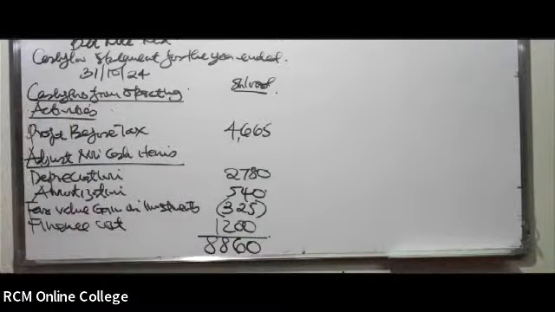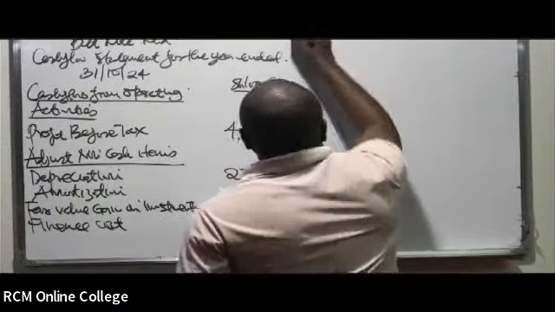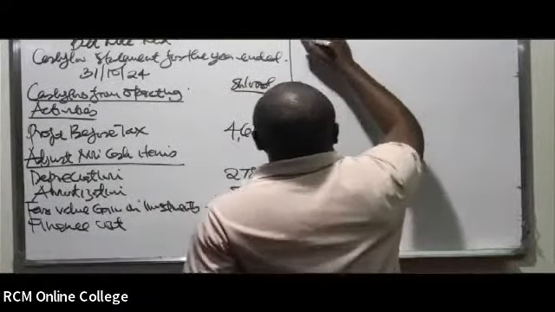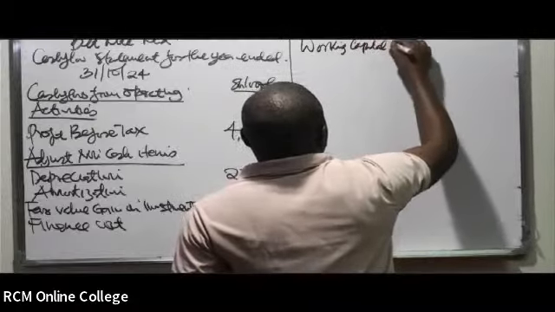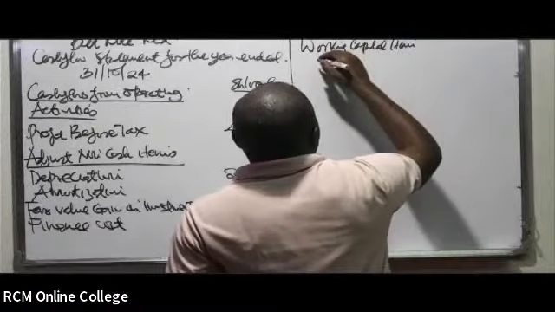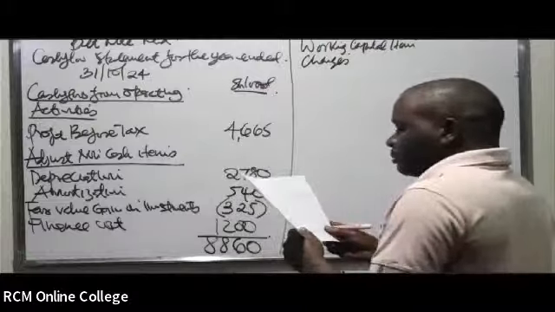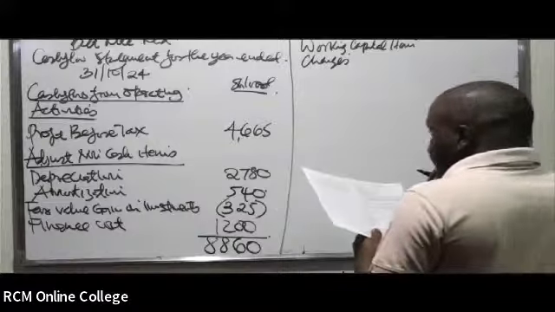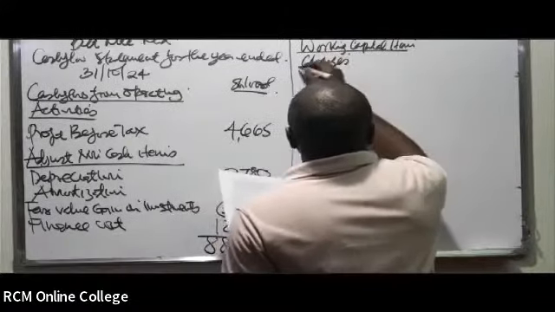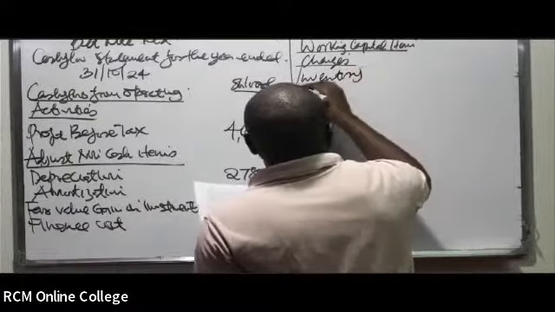Then you consider the working capital item changes. So we can put a line there. The working capital items that you have here are inventory and accounts receivable.